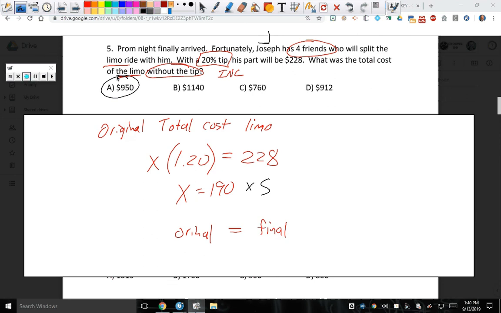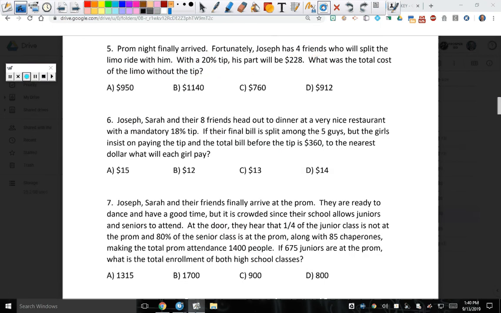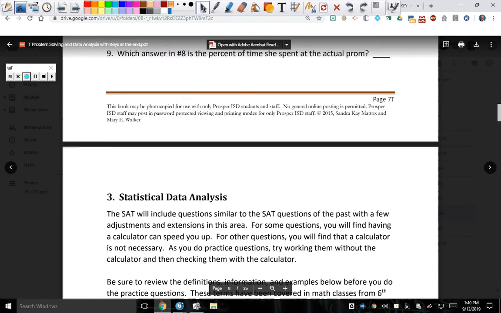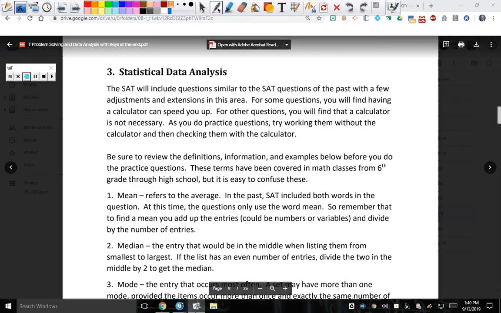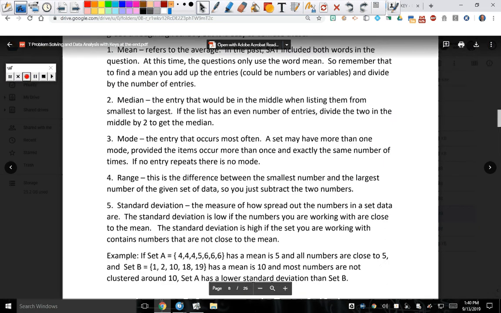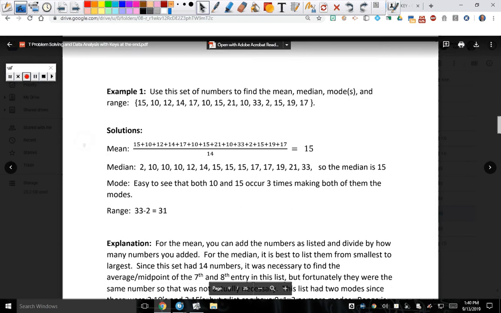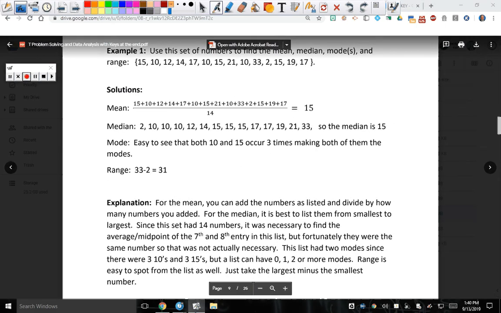All right. So now, to finish off today's notes, let's go to statistical data analysis. All right. 4 things, just to remind what they represent.